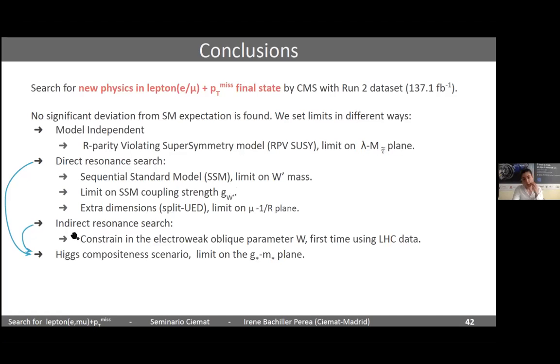The third way to set limits is an indirect resonance search. We constrain the electroweak oblique parameter W, and this was the first time that it was made using LHC data. And using the information from these two constraints, the direct and the indirect, we set limits in the Higgs composite scenario on the plane G star versus M star.